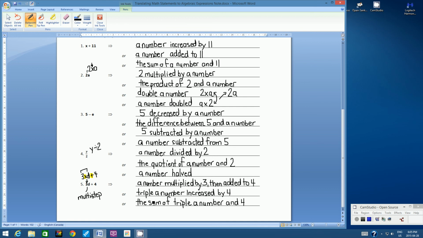Okay, so I got this, the sum of triple a number and 4. But if you had the sum of 3 times a number and 4, that's fine. If you had the sum of a number multiplied by 3, then added to 4, that's fine as well.